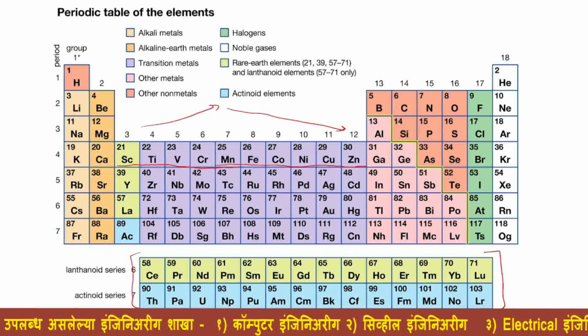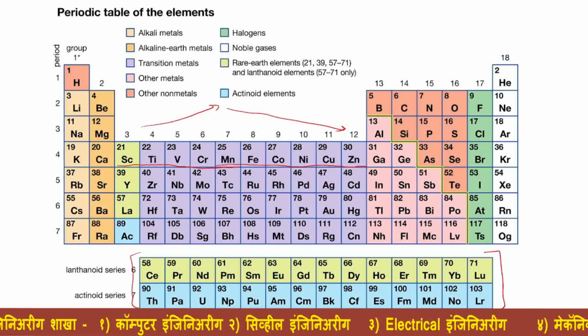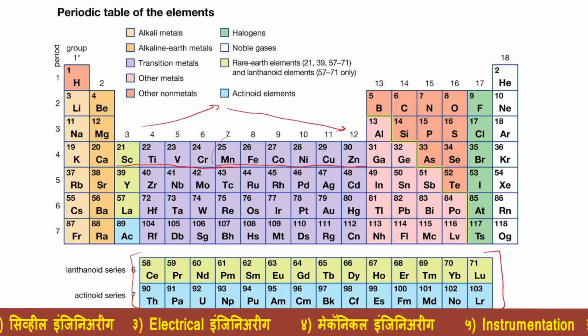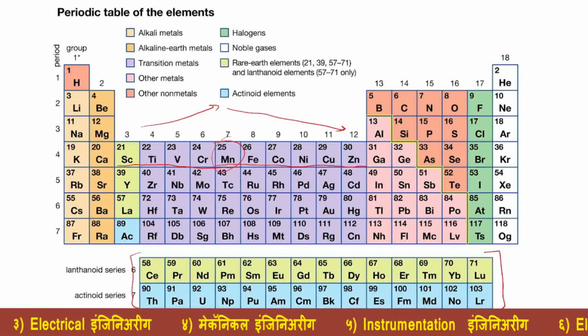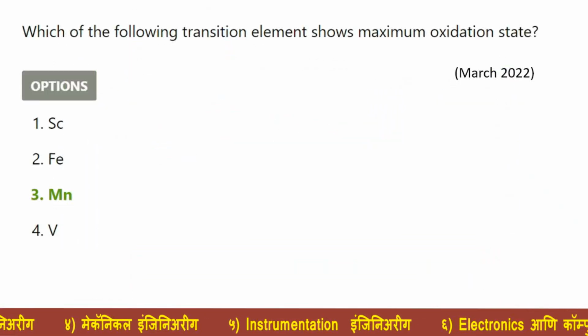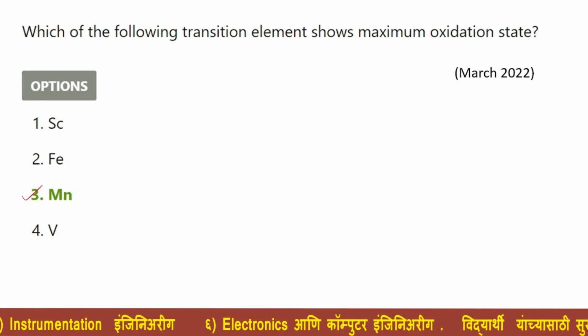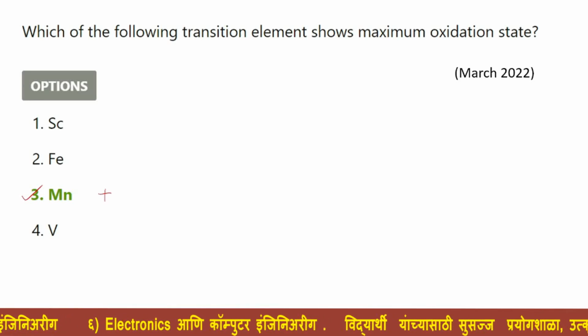So the oxidation state for manganese is the highest, so the correct option here is option 3, and the maximum oxidation state we can obtain is from manganese, that is +7.